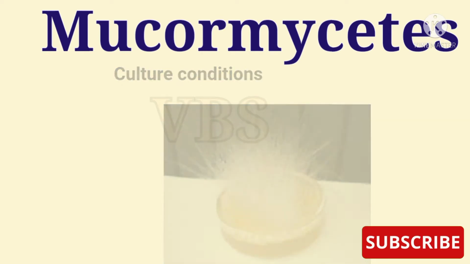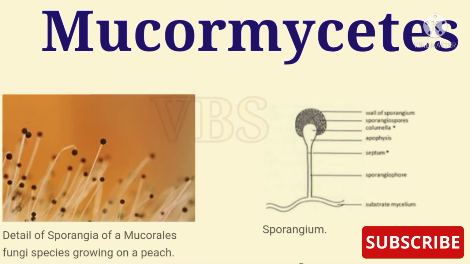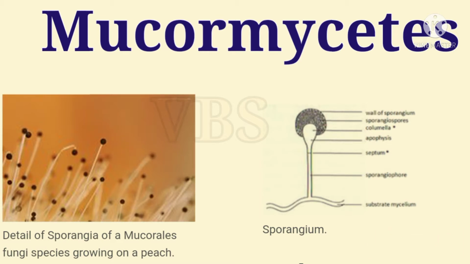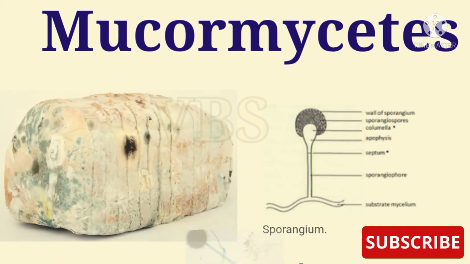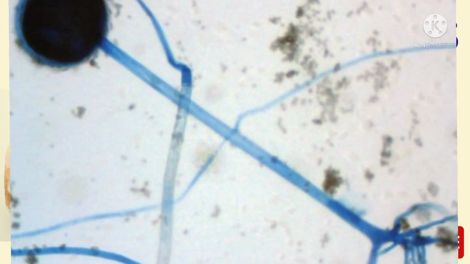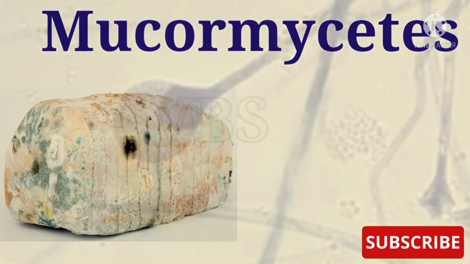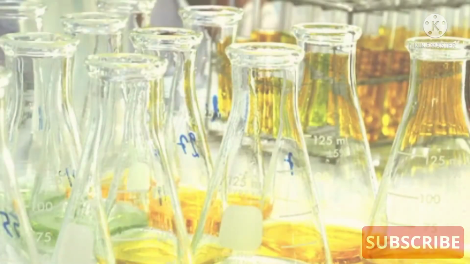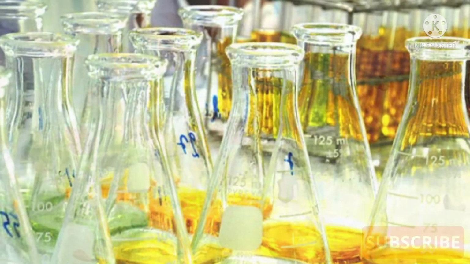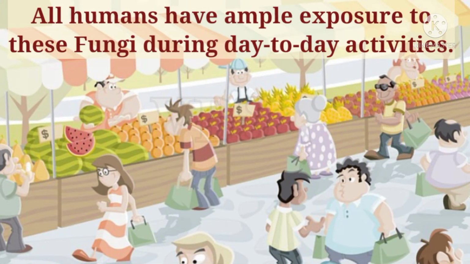The spores can be found in large numbers in damp interiors and around composting vegetation, and are even present as bread molds. Thus, Mucormycetes are common in the environment and also frequent contaminants in the clinical microbiology laboratory. Not only this, all humans have ample exposure to these fungi during day-to-day activities.